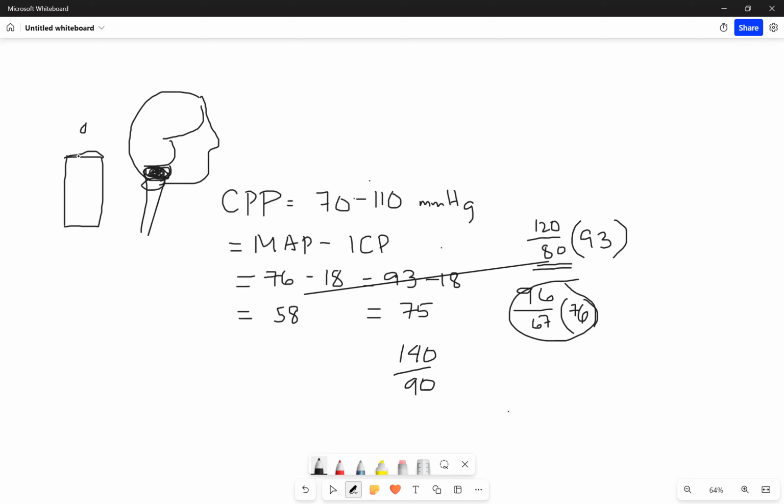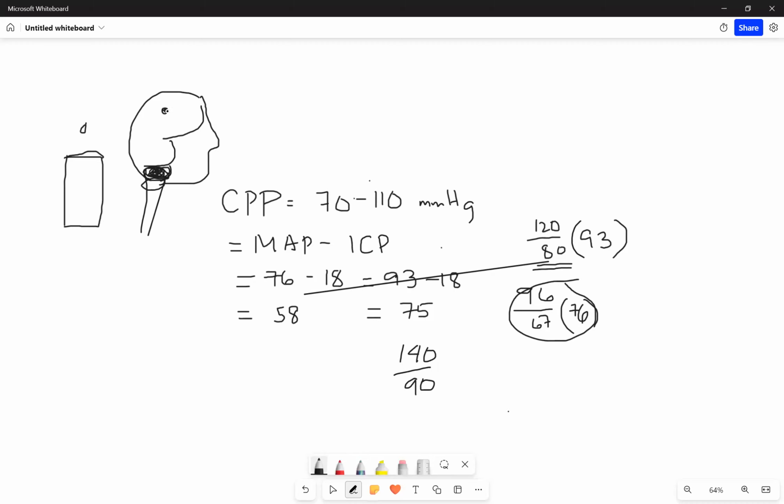So following the path of least resistance, I put a drop of water here. Which one will spill? Whatever is closest to the edge. So let's say you have a stroke here, or a brain tumor, or a head injury, a hematoma, bleeding, or inflammation in the case of stroke.